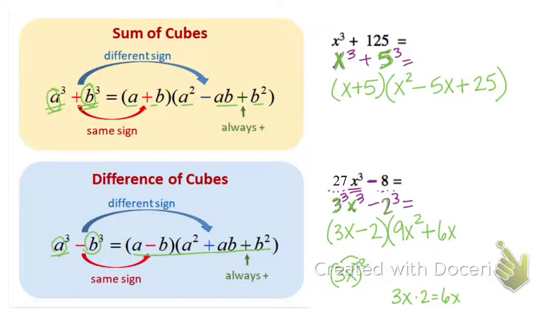And then plus B squared. So plus 2 squared, which is 4. So now we have changed this equation into a multiplication problem. We have factored that one as well.